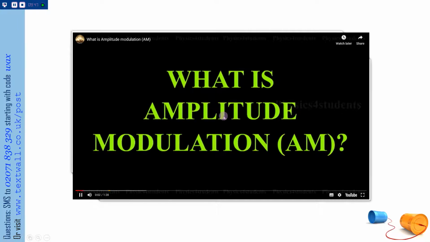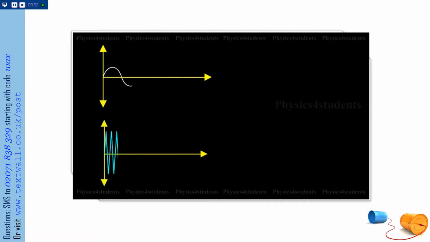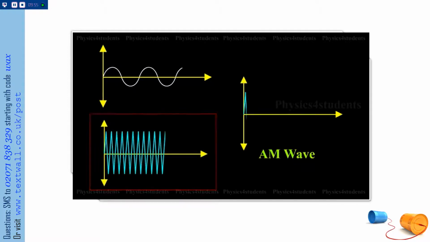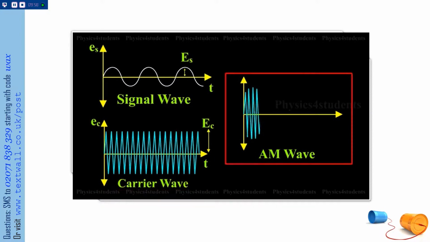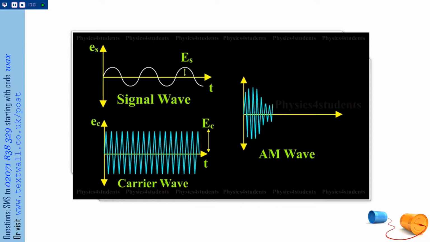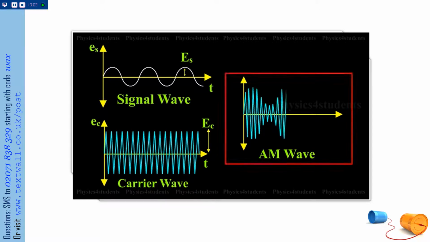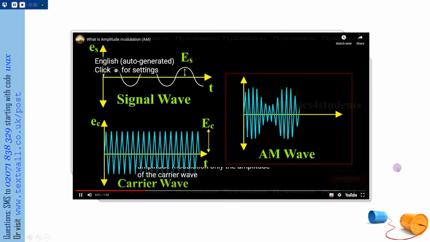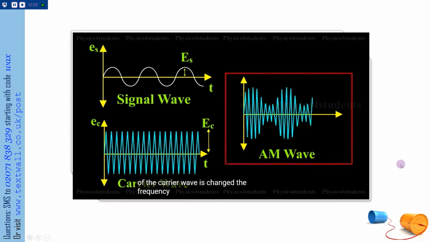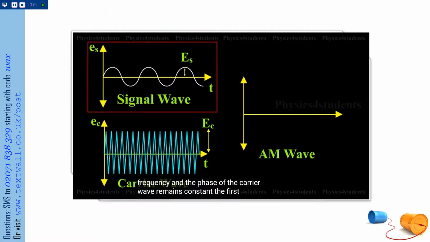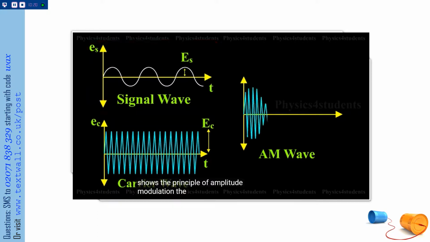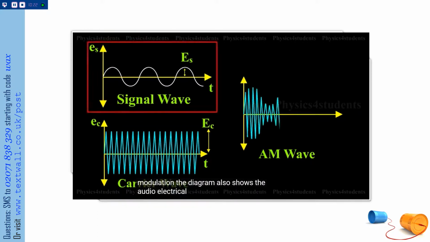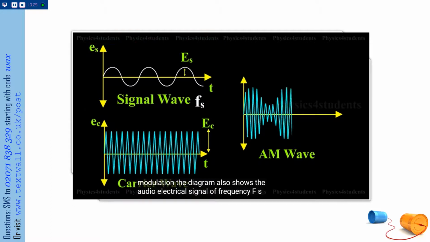What is amplitude modulation, AM? When the amplitude of a high-frequency carrier wave is changed in accordance with the intensity of the signal, the process is called amplitude modulation. In amplitude modulation, only the amplitude of the carrier wave is changed. The frequency and the phase of the carrier wave remain constant. The first visual shows the principle of amplitude modulation, and the diagram also shows the audio electrical signal of frequency Fs.